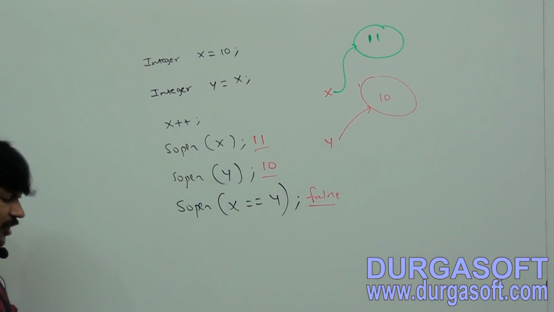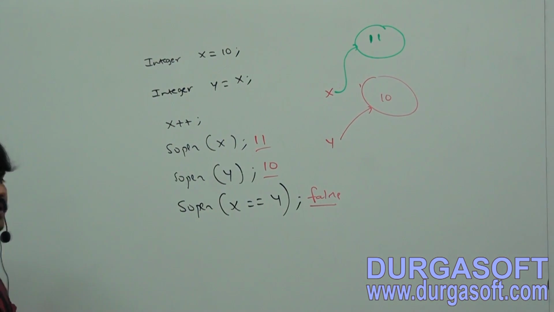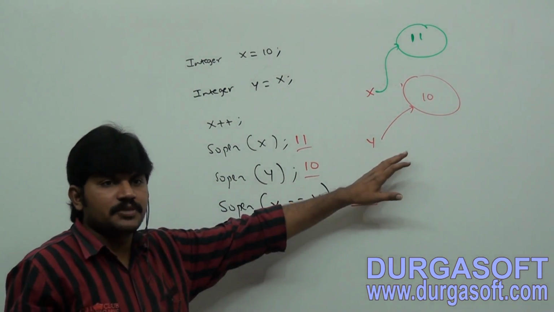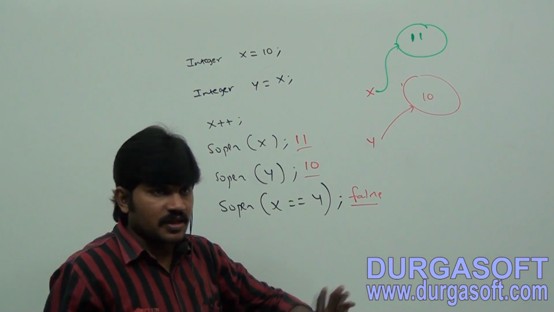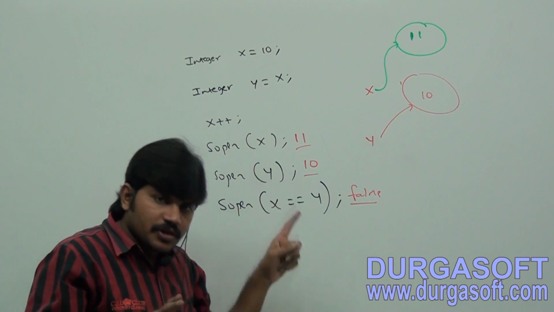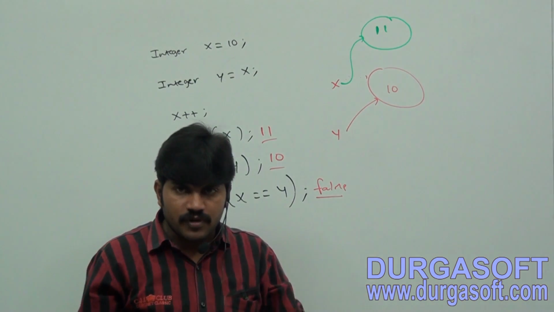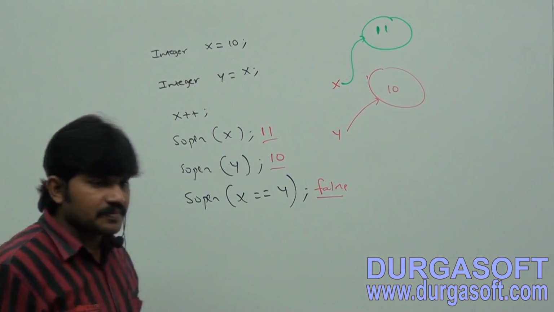So all wrapper class objects are immutable. Once we create a wrapper class object, we can't perform any changes in it. If any person tries to change it, a new object will be created. x is a reference variable for that. Is it clear?